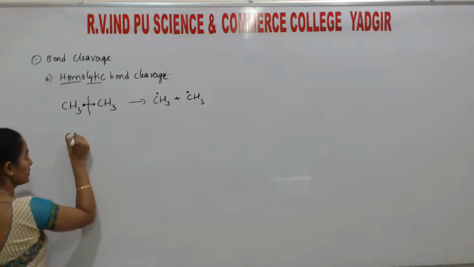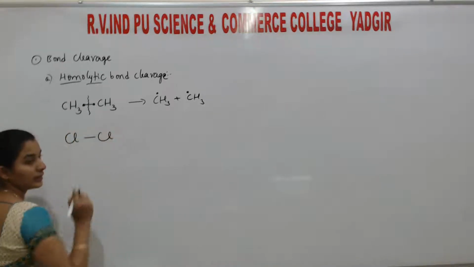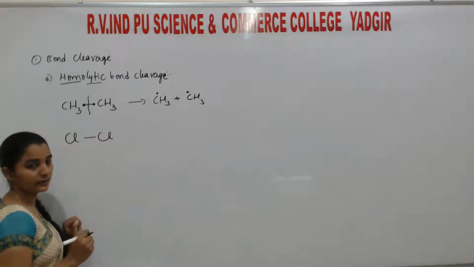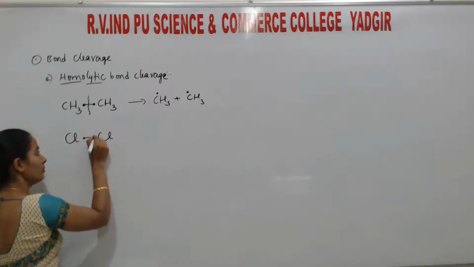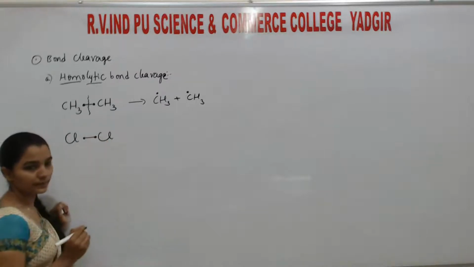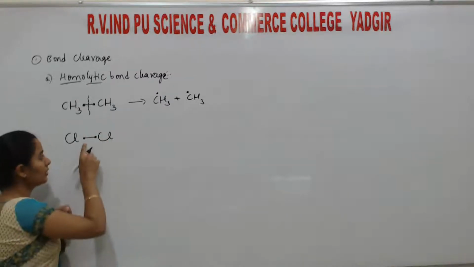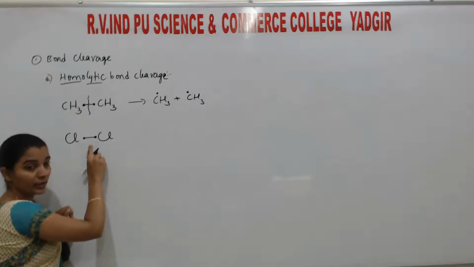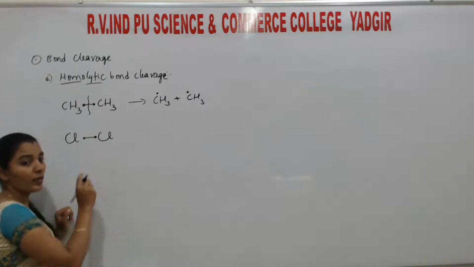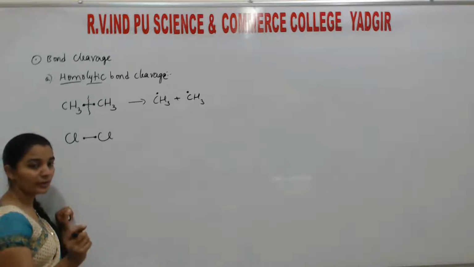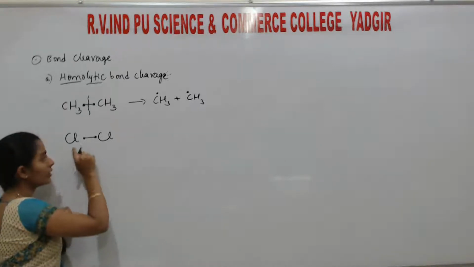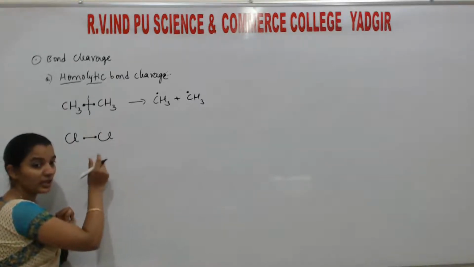Next, the second one is Cl2, that is, Cl single bond Cl. How will the bond form? One electron of this chlorine is shared. What is a covalent bond? The bond formed by the sharing of electrons. It is not transferred, it is just shared.